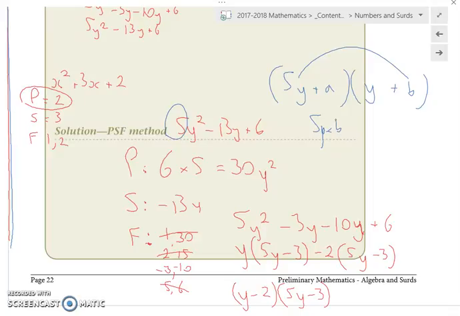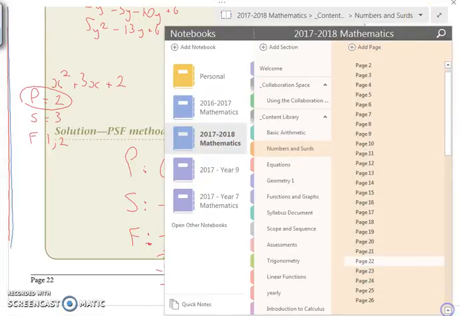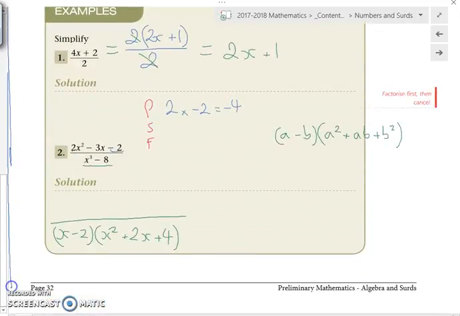Does that make sense? Okay, so when we go back to our proper page, which was page 32? Wow, it was too far. 32, go back to that, scroll down. We have a non-monic.